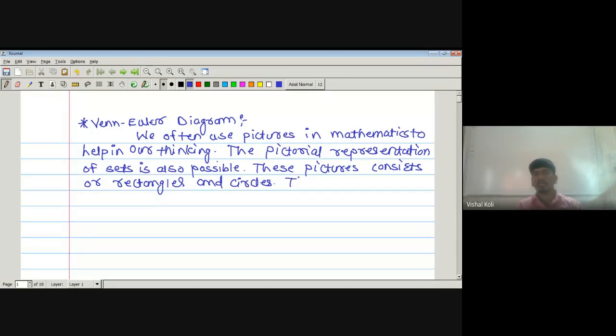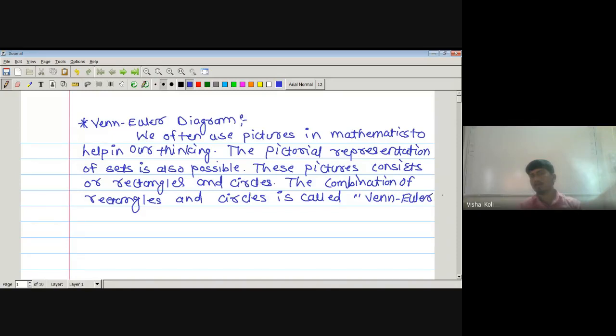The combination of rectangles and circles is called a Venn-Euler diagram.